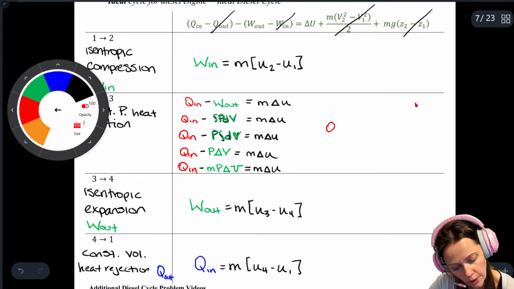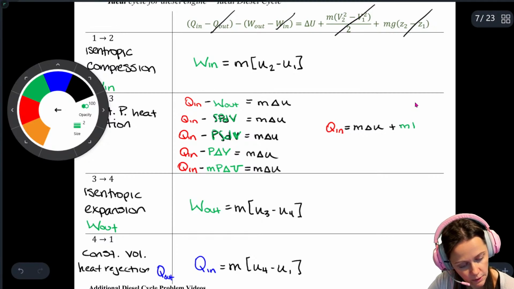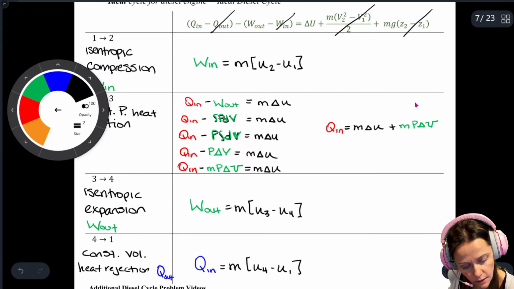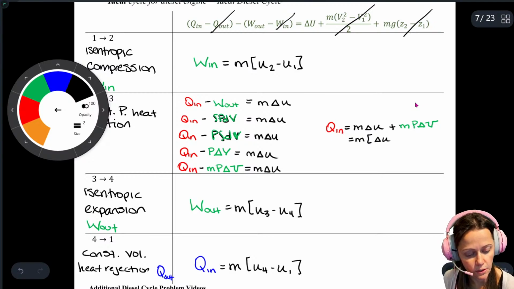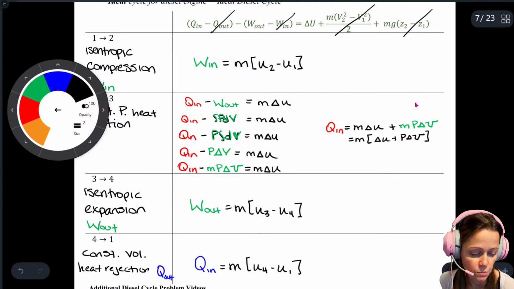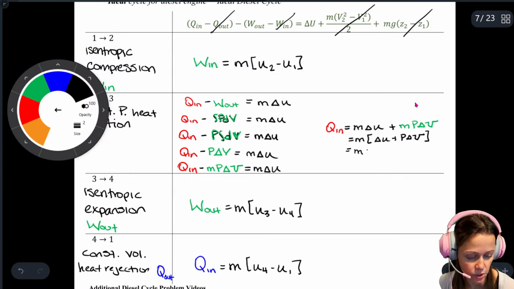And then if I wanted to calculate that Qn, it's going to be m delta U plus m P delta V. So this is delta U plus P delta V, which you may recall is the definition for enthalpy.